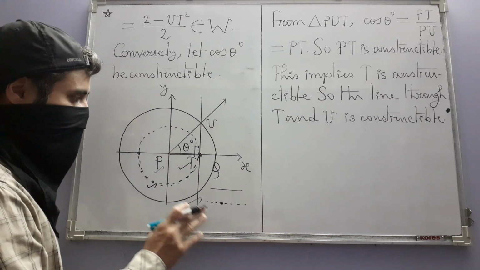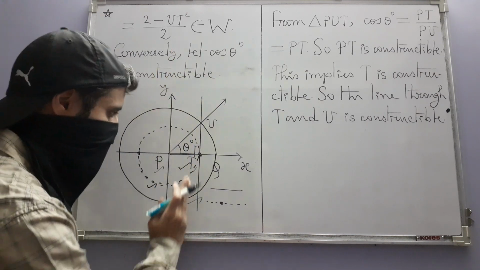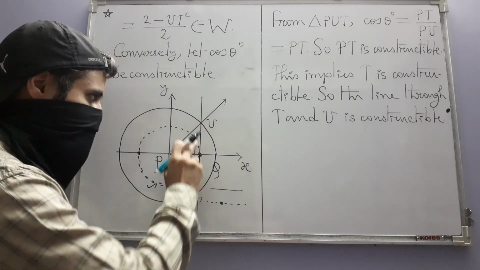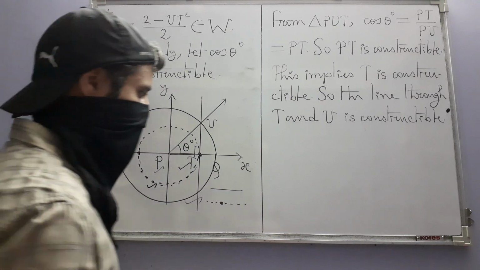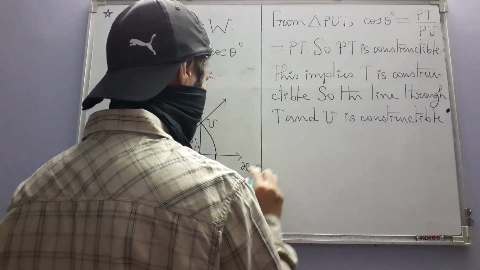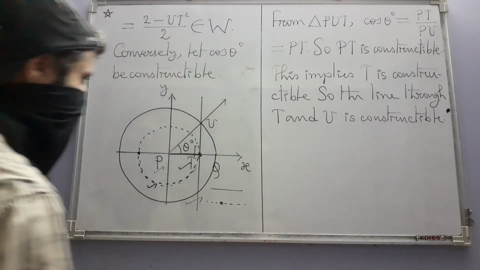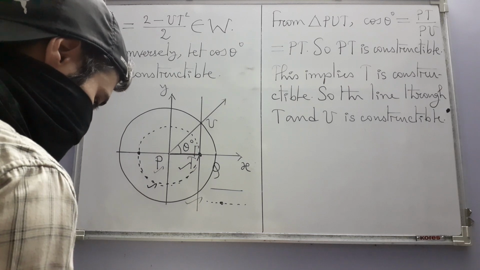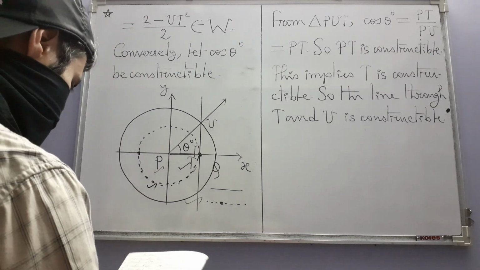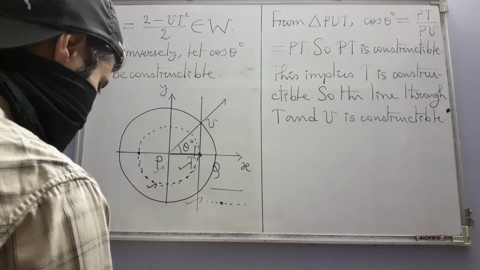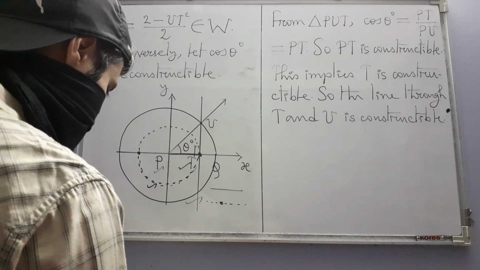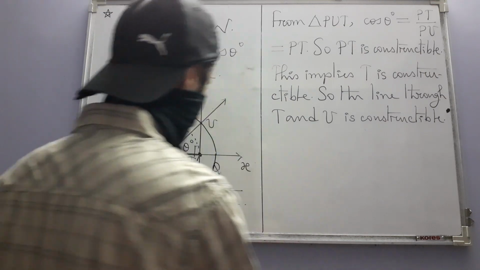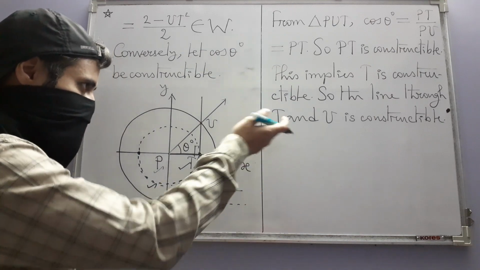So by that result, this line passing through T and perpendicular to this x-axis, which now is a constructible line, is itself constructible. Okay. So that will allow us to next conclude that U is constructible. I think that's the case. Yes. And constructibility of U next comes like this.